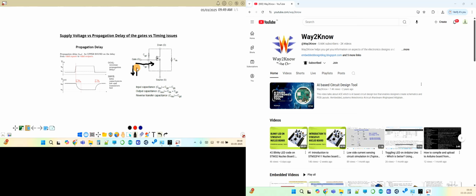And if we increase the gate level, it takes less time because we are giving more voltage to the gate. That means we are enabling the MOSFET to switch faster. Then the output reaches its desired level very quickly.